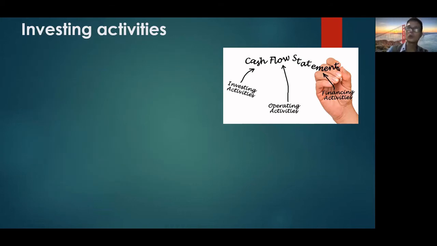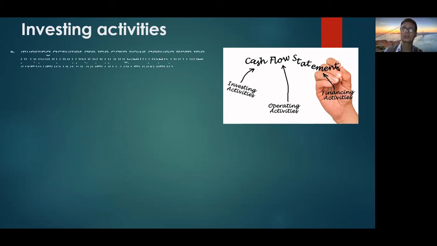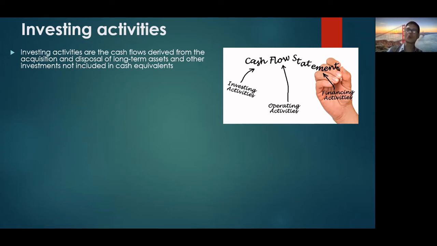Let's move on to investing activities. Now, investing activities are the cash flows identified from the acquisition and disposal of long-term assets. For example, the company bought long-term assets, like a building. So that is a cash outflow.